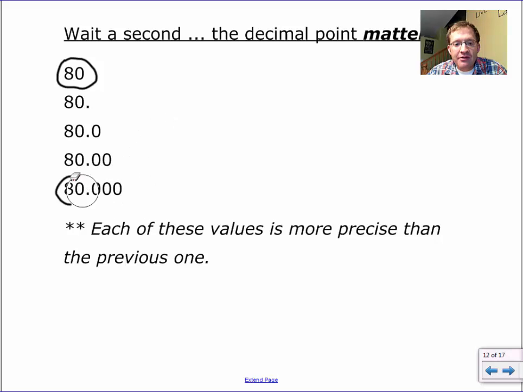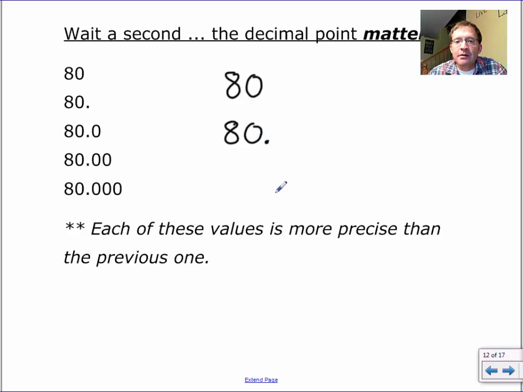I'm going to clear this off, okay, and look just at these first two examples. If we're counting significant figures on 80 versus counting significant figures on 80 point, that decimal point matters, because when the decimal point is absent, we're going to start counting from the right across to the left, and we're going to have one significant figure, one sig fig.